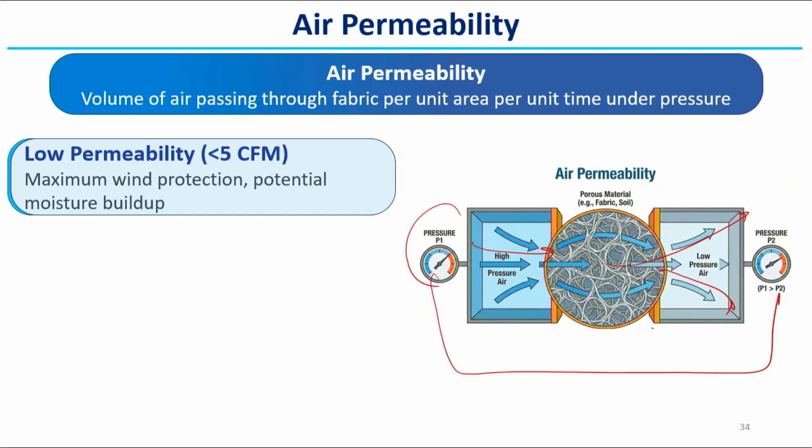Lower air permeability of fabric is required. Less than 5 CFM is the best for maximum wind protection, with potential moisture build up. If we can block all the pores, the wind will not penetrate, so wind protection will be there and the wind shield effect is reduced.